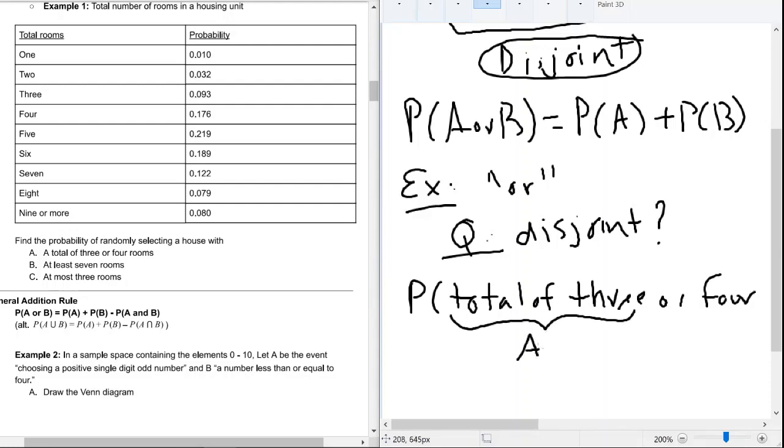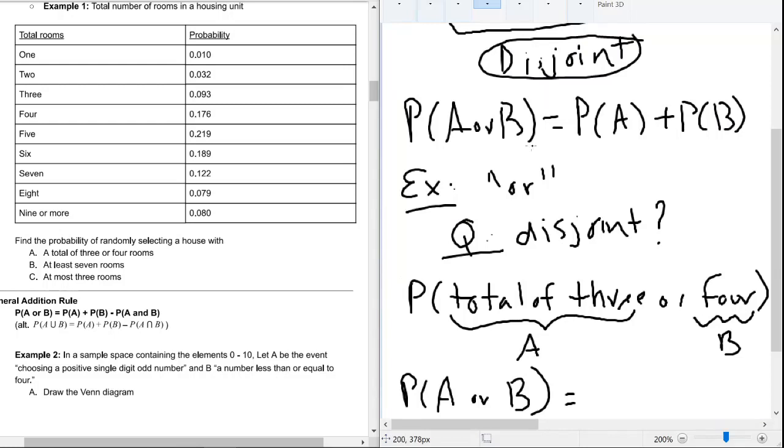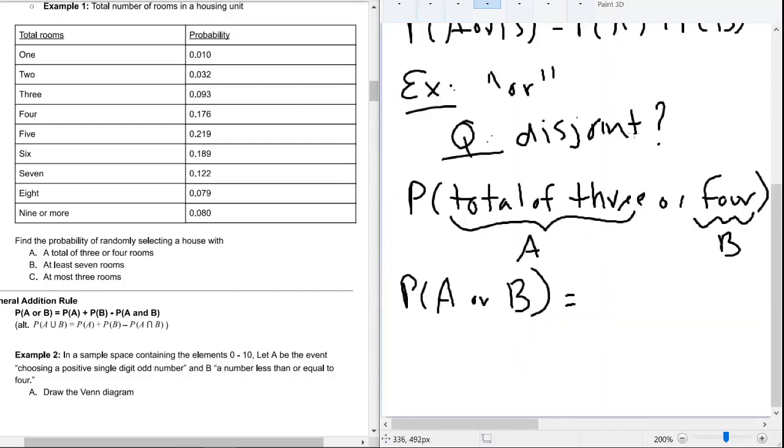Suppose this is event A, and this is event B. Then notice what we have: the probability of A or B. By the formula for mutual exclusiveness, we can use the disjoint formula, probability of A plus probability of B. Keep in mind what event A is defined as: A is a total of 3 rooms.